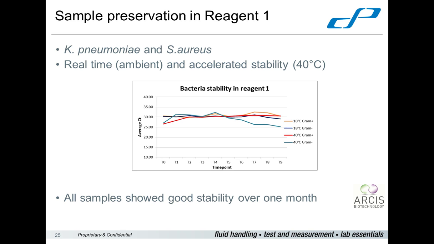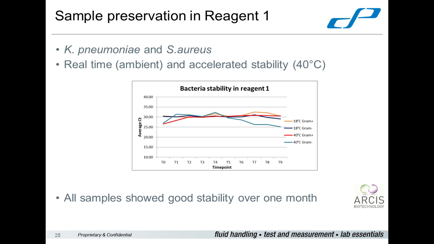This sample is the same process with a gram-negative Klebsiella and a gram-positive bacterium, Staph aureus. Again, the take-home message is it's a stabilized system. There's possibly even some benefit observed in this experiment to the agitation of the samples as they go from the incubator onto the bench.